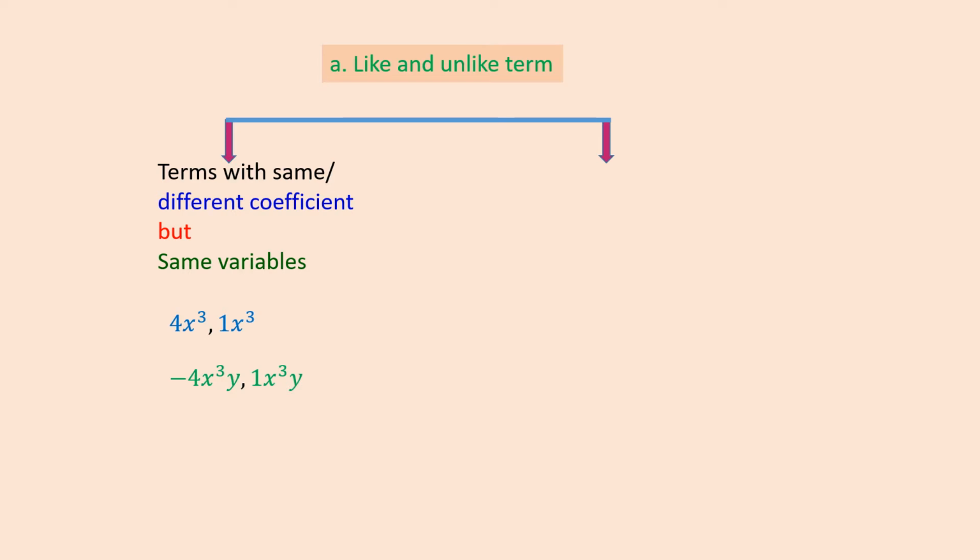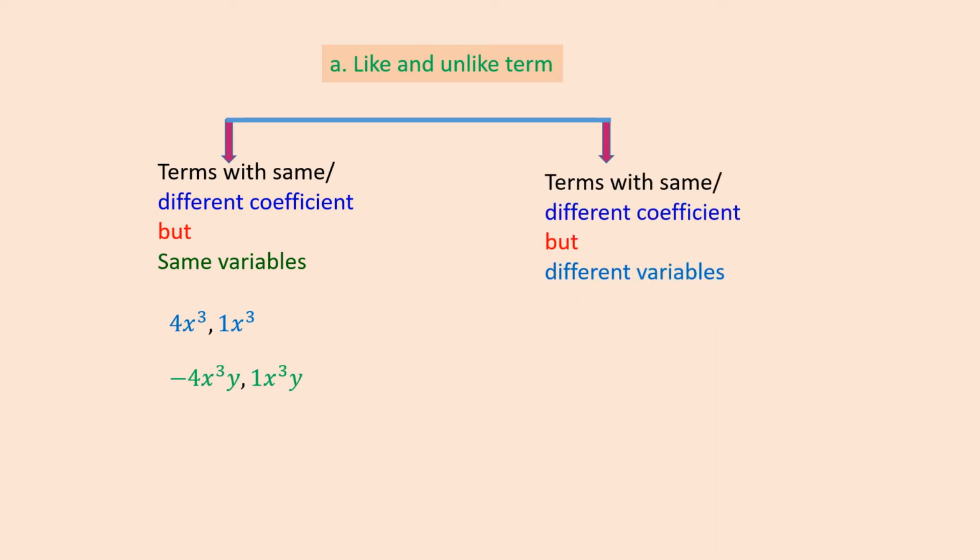Similarly, we have minus 4x cube y, 1x cube y. Again, you will find the variable part is the same, that is x cube y and x cube y in both the terms. The coefficient parts are different, that is minus 4 and 1.